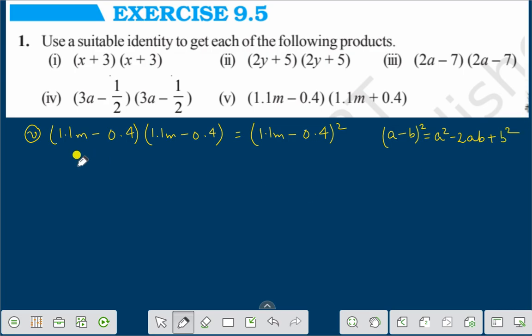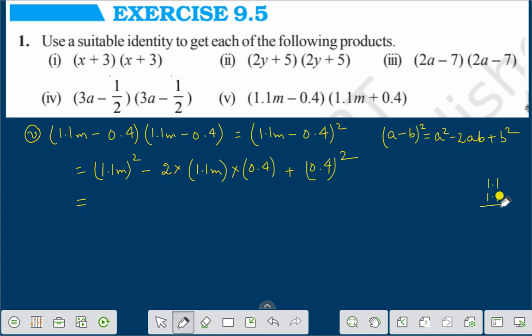So we are getting (1.1 m) whole square minus 2 into 1.1 m into 0.4 plus (0.4) whole square. Multiplying 1.1 with 1.1, we get 1.21 m square.